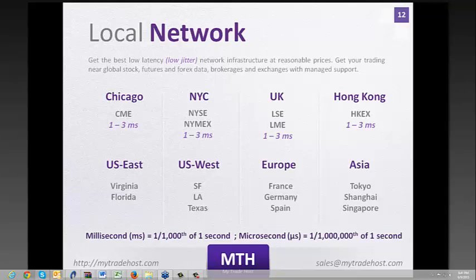And for semi-automated or semi-discretionary traders, we strongly consider where you're logging in from to ensure you have a fast and responsive remote desktop connection. If you're from the UK, we may host you at an East Coast United States location instead of maybe in Chicago if you need a very, very stable remote desktop connection.